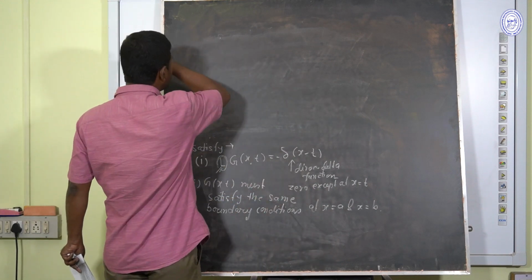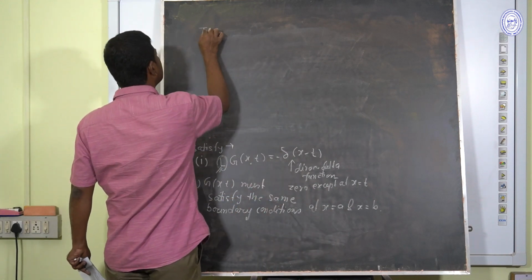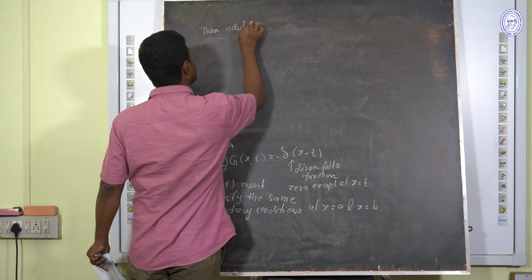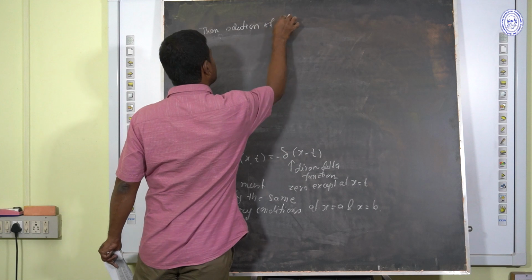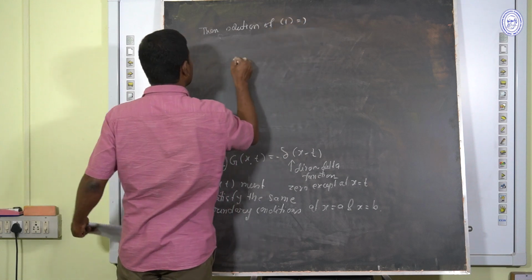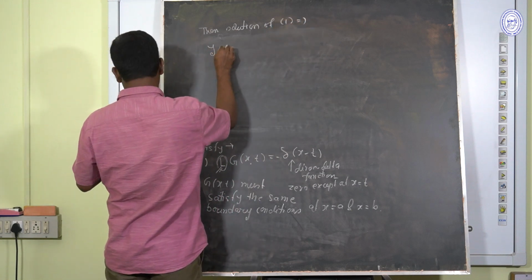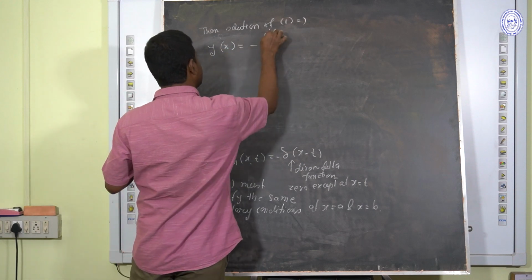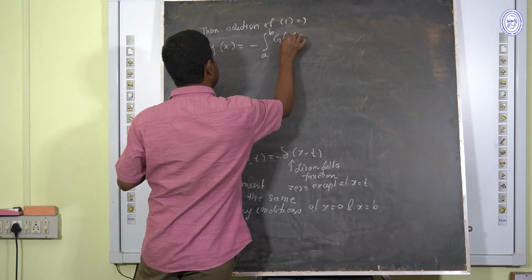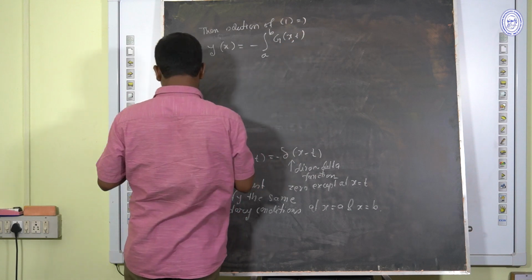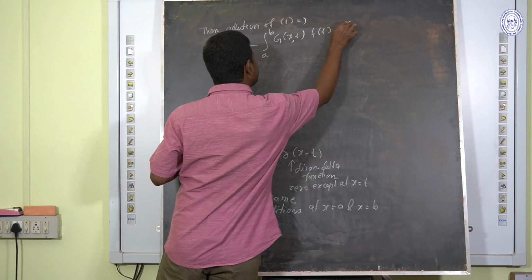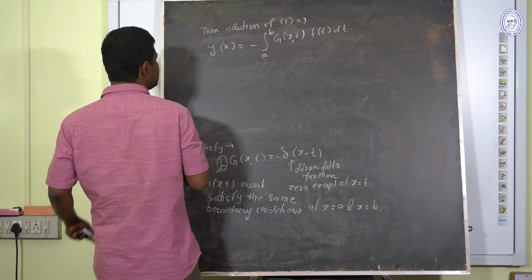Then the solution of equation 1 will be y equal to minus integral from a to b of G of x comma t f of t dt.